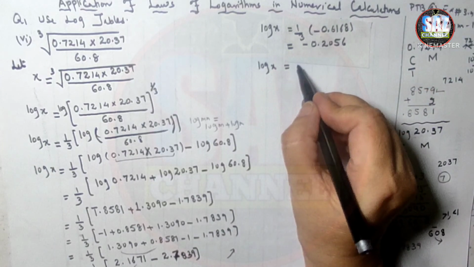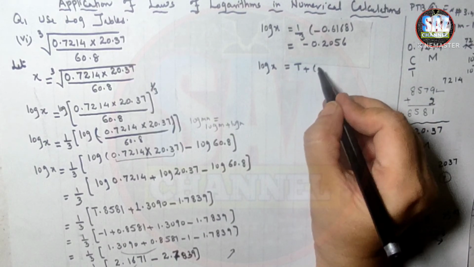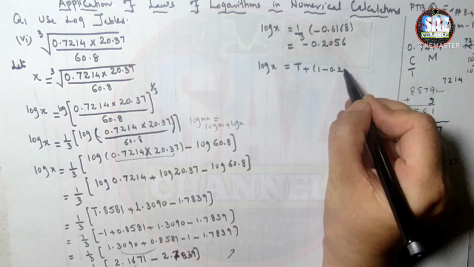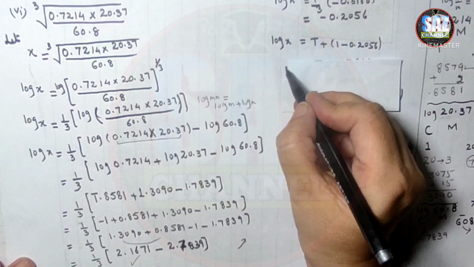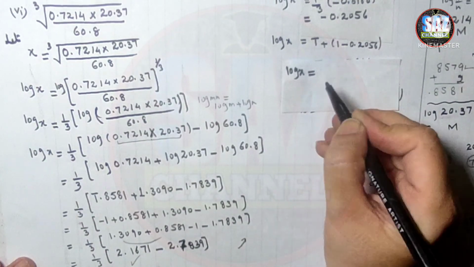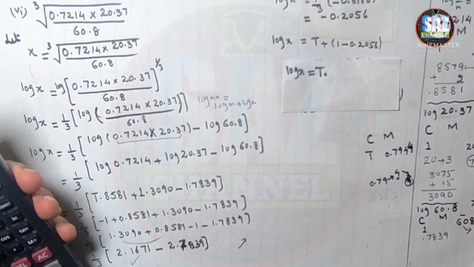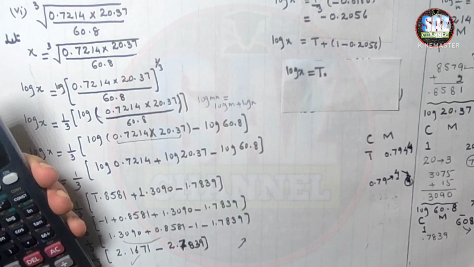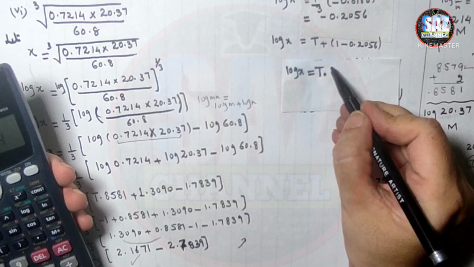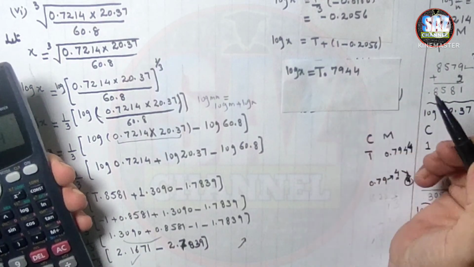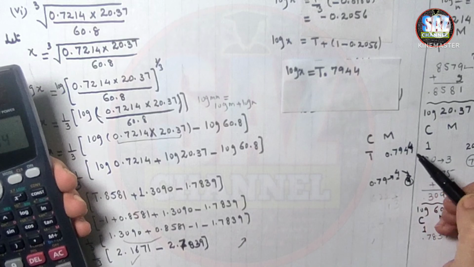So what I will be doing, I have to add and subtract the nearest whole number, that is 1. 1 minus 0.2056 is 0.7944. So log of x equals 1 bar point 7944. Now the characteristic of this number is 1 bar, and the mantissa is 0.7944.